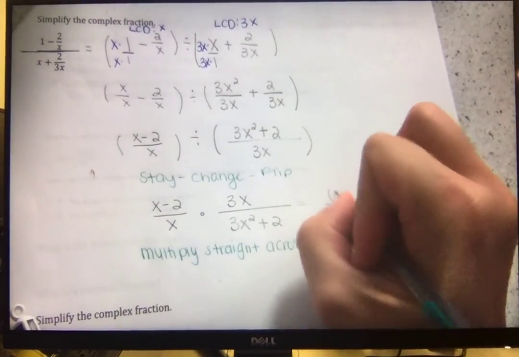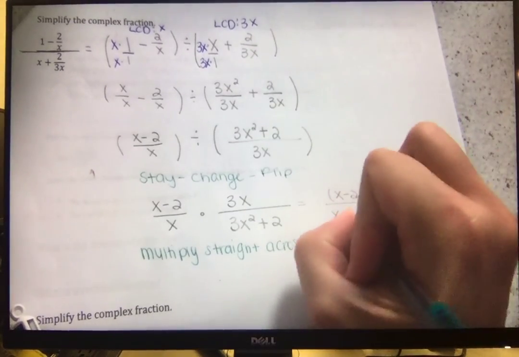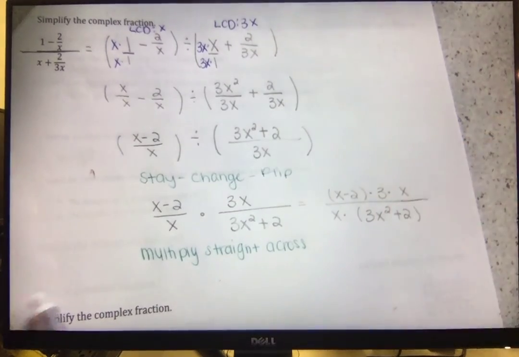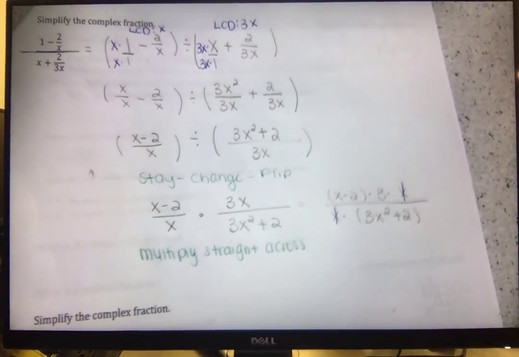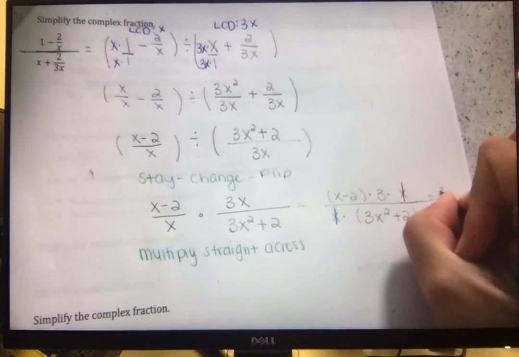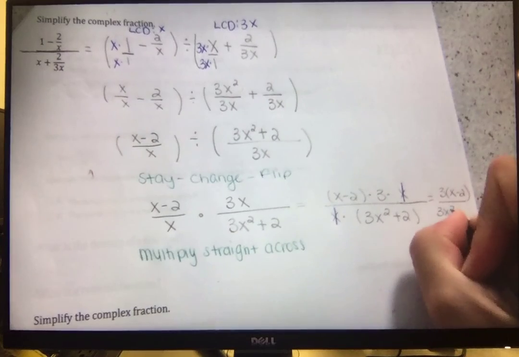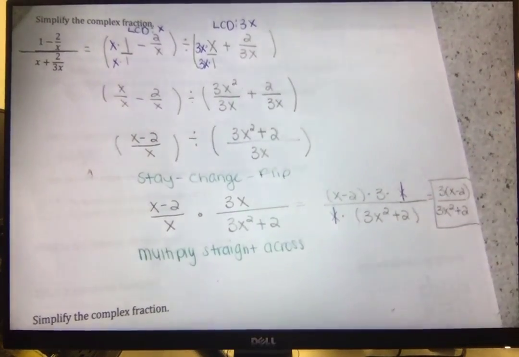So we have on top x minus 2 times 3 times x, all over x times 3x squared plus 2. So what factors can cancel? X. But that's it. So up top we're left with 3 times x minus 2 all over 3x squared plus 2. And that's our final answer.